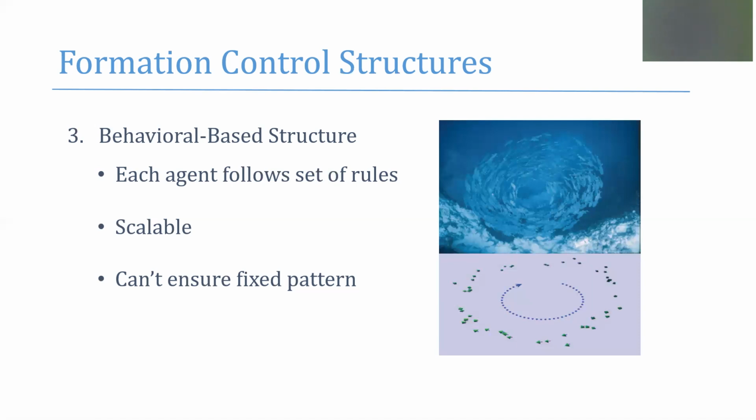In other words, patterns such as the V-shape, as we have seen, like when birds are moving, or rectangles, could not be formed. So this is a very important problem in such a structure, in addition to the stability analysis, which is really, really hard in such a structure.